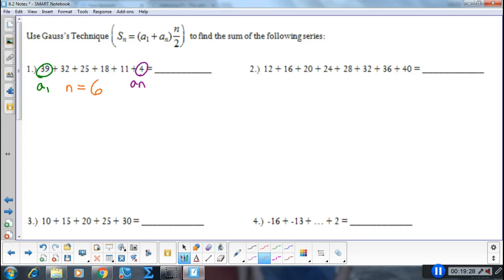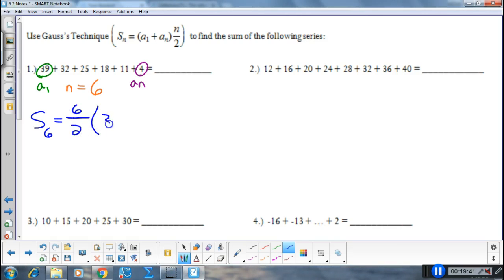Okay. So with that being said, the sum of the first 6 terms of this series is 6 divided by 2 times 39 plus 4. 6 divided by 2 is 3. 39 plus 4 is 43. 3 times 43 is 129.